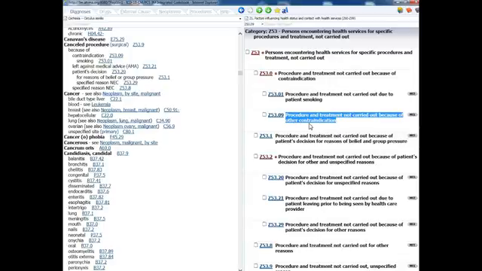Then on the bottom of page 93, complications of surgery and other medical care. If the admission is for the treatment of a complication that resulted from surgery or other medical care, that complication code is sequenced as the principal diagnosis. So that means the patient had treatment or care, discharged from the hospital, or maybe they had that as an outpatient, and the reason they're being admitted now is for treatment of that complication.